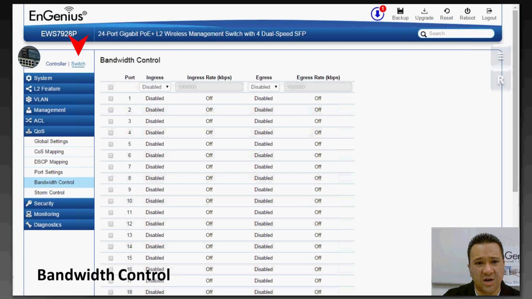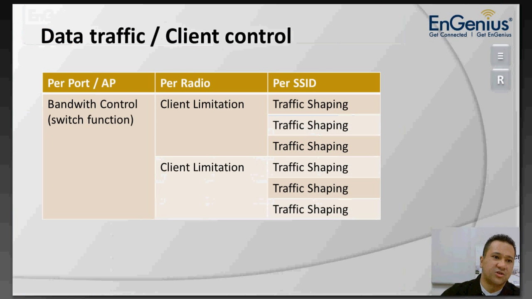To summarize this, let me make a small table here. To control the traffic or the quantity of clients in the whole network, there are a few things. Per access point, or actually per port, but since you have one access point connected to a port, you can do the bandwidth control, so you can already shape the data into one access point.